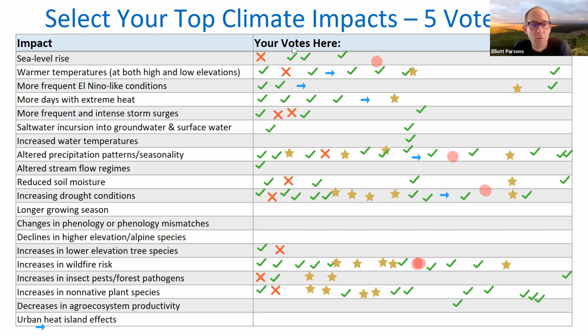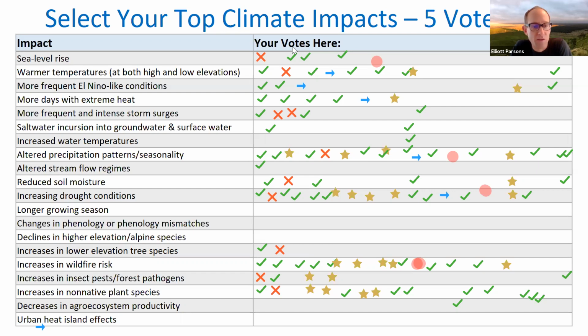So we don't know if there could be some kind of tolerance of species where if we get a high enough temperature, then we have a mass tree casualty event. That would be something that I would be worried about. And some of these are either positively or negatively correlated with each other at Puawa.